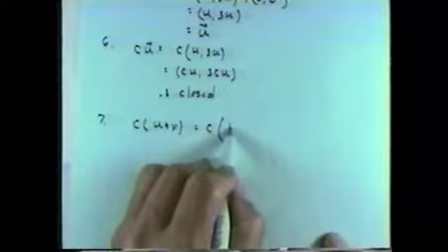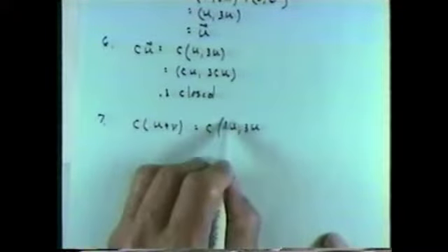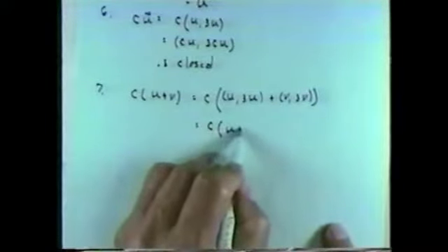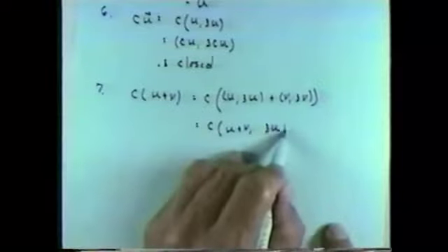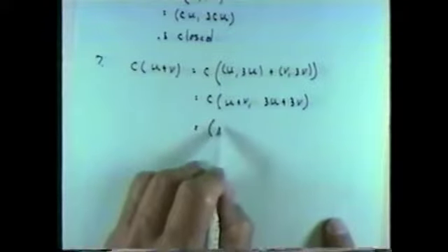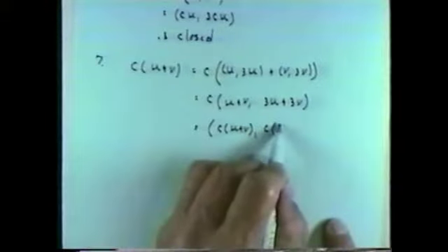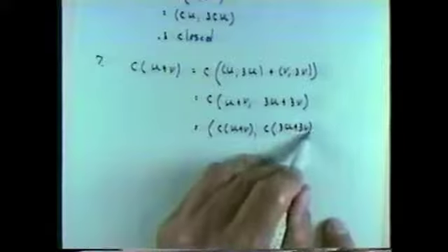So we start with c times (u plus v), which would be c times ((u, 3u) plus (v, 3v)), which is c times (u plus v, 3u plus 3v), which is (c(u plus v), c(3u plus 3v)).